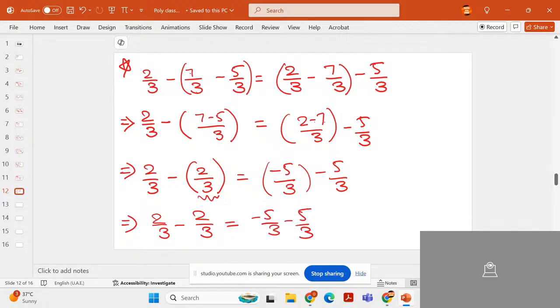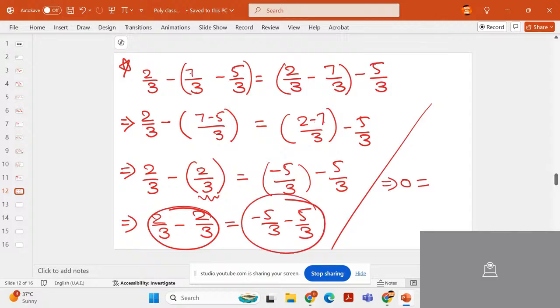So now 2 by 3 minus 2 by 3 will become 0. And on the right hand side, since you have the same denominators, you can add the numerators, right? Minus 5 minus 5 by 3.